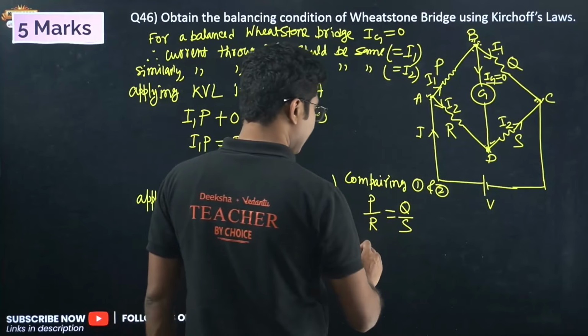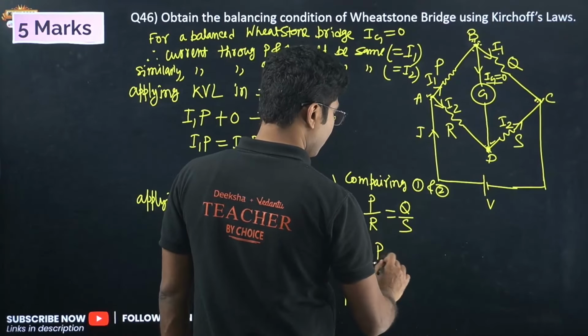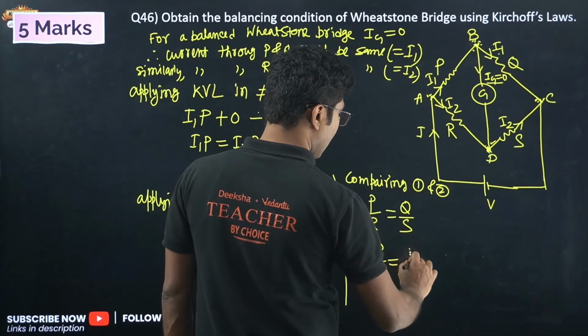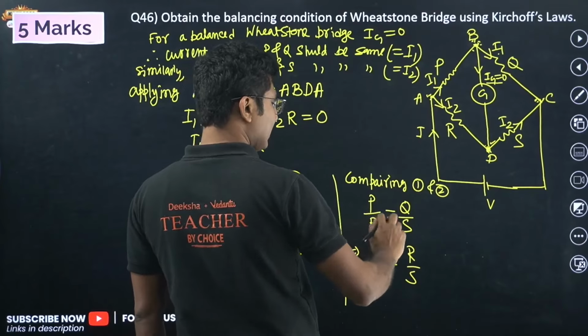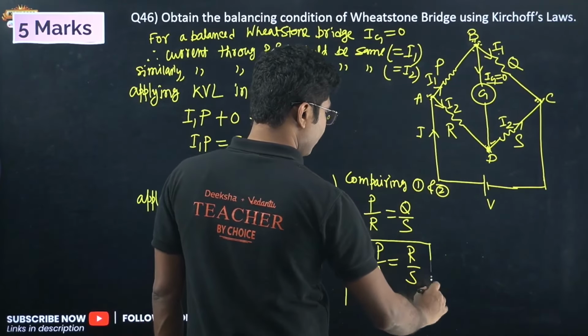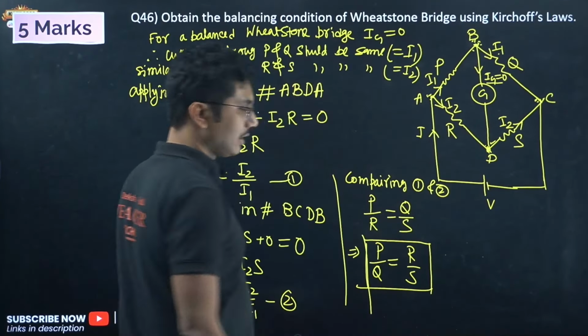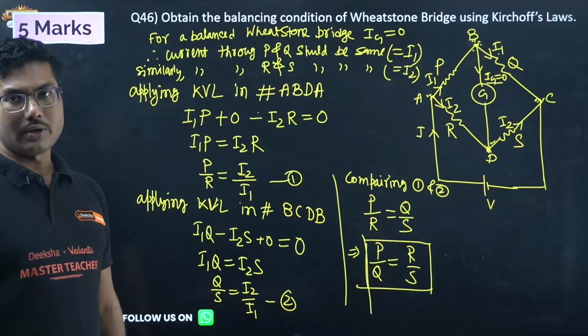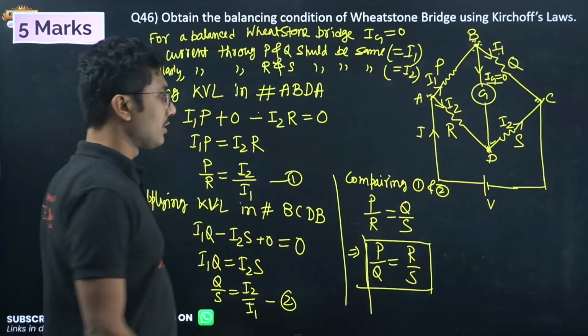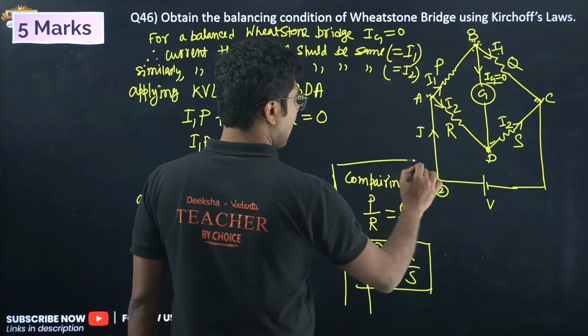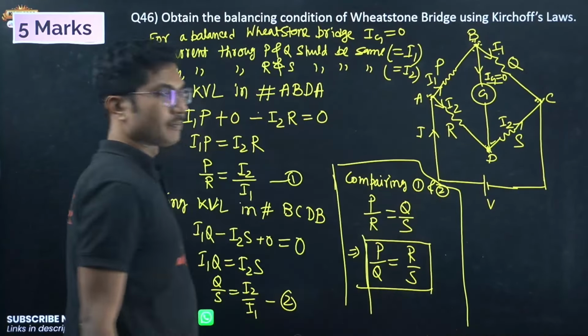So now just rearrange it. P upon Q equals R upon S. Cross multiply. P, Q and R exchange their positions. So this is the condition for balance in a Wheatstone bridge. P by Q equals R by S. This is the easiest and shortest derivation of this, and if you do that you will get full marks.